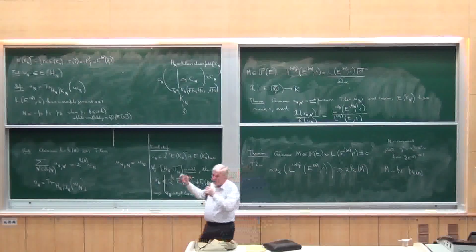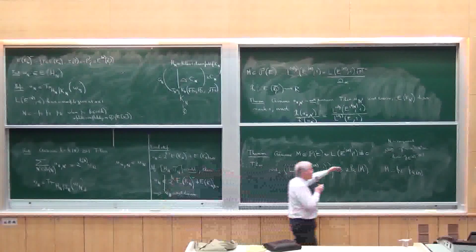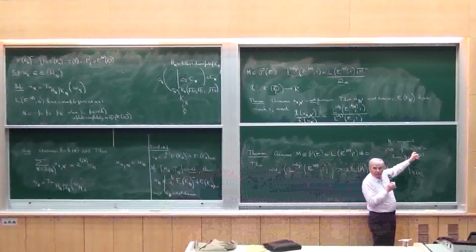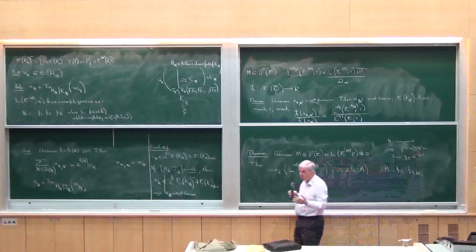So it's all a question of producing a point of infinite order. To show n is congruent, we have to produce a point of infinite order on this curve.